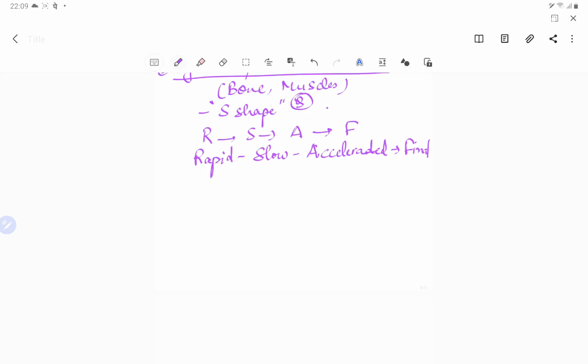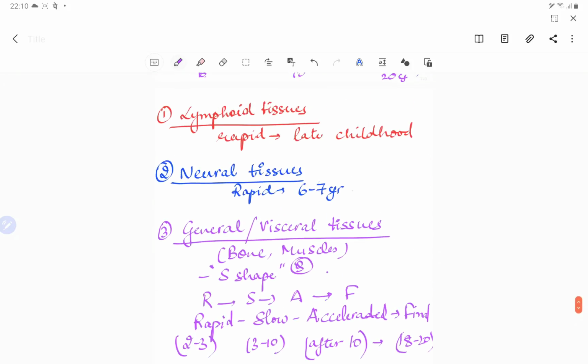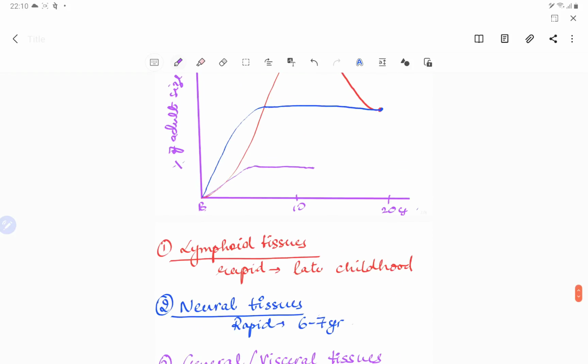So rapid is 2 to 3 years, then the slow growth is 3 to 10 years, then after 10 is accelerated, then final is 18 to 20 years. Very easy. This we have already covered. So this is the S-shaped curve.